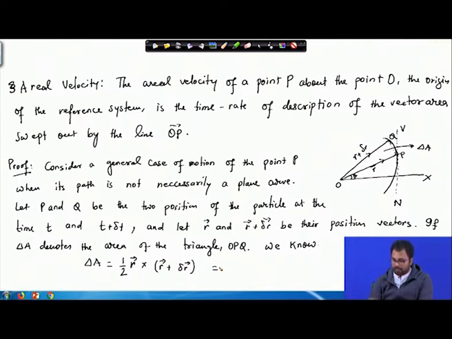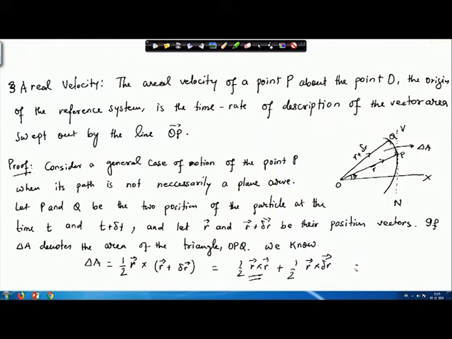This is 1 by 2 r cross r plus 1 by 2 r cross delta r. Since r cross r is the zero vector, we are left with this quantity. So ultimately we have 1 by 2 r cross product with delta r.